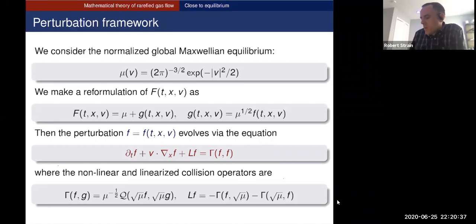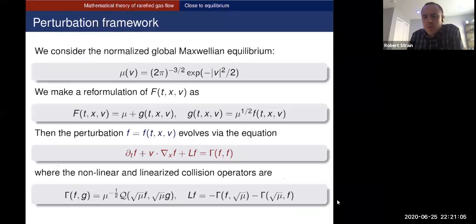These operators can be defined in terms of the collision operator Q. So gamma can be defined as mu to the 1/2 Q of square root of mu f, comma square root of mu g. And then the linear operator L can be defined in terms of gamma. So L f can be minus gamma of f comma mu plus minus gamma of square root of mu comma f.